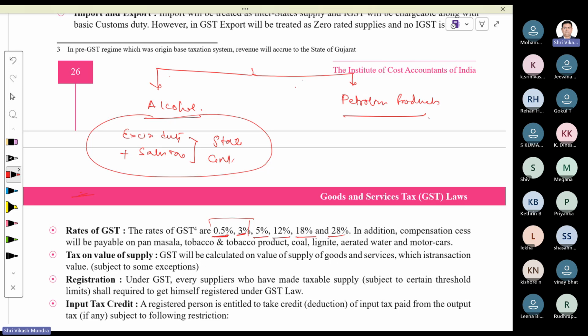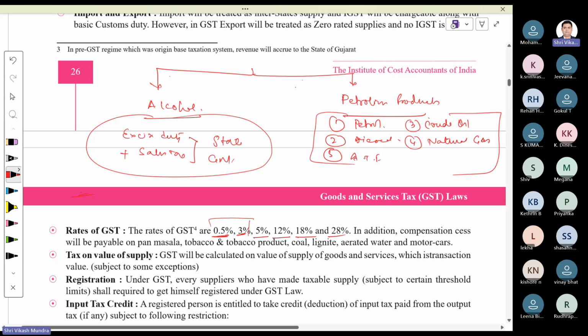Petroleum products: there are five types of petroleum product: petrol, diesel, crude oil, natural gas, and lastly, aviation turbine fuel. On these five products, GST is deferred.